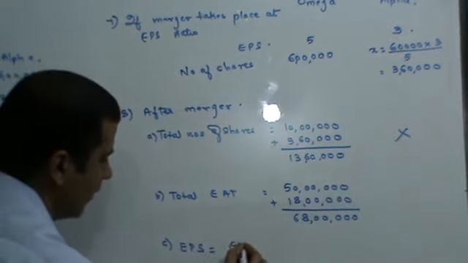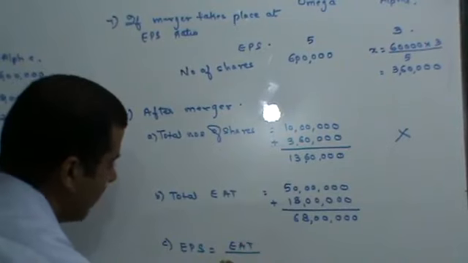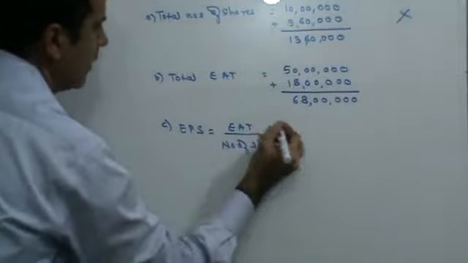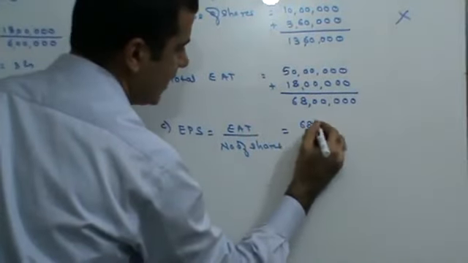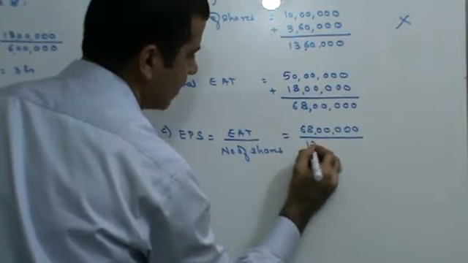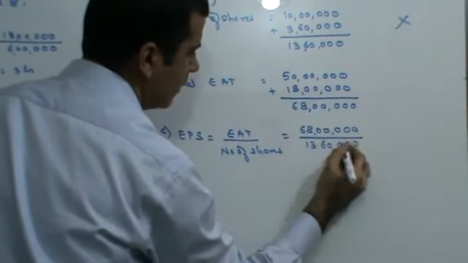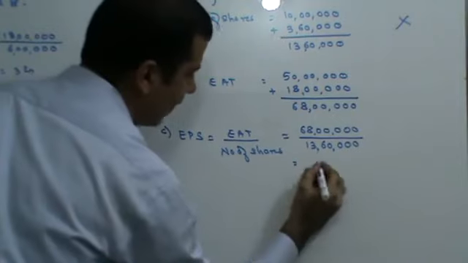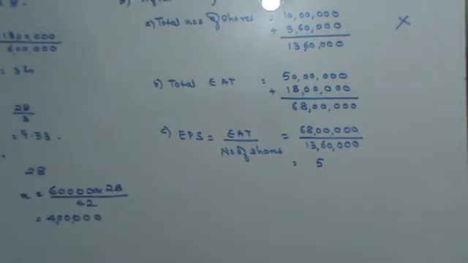EPS we know is nothing but EAT divided by number of shares. EAT is 68 lakhs divided by number of shares, 13,60,000, which works out to 5 rupees. The EPS post merger is going to be 5 rupees.